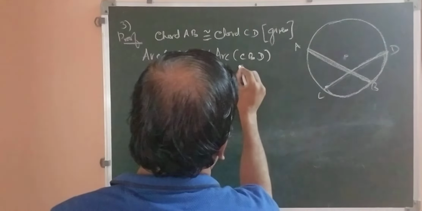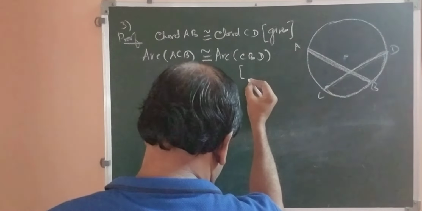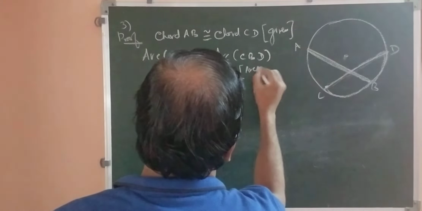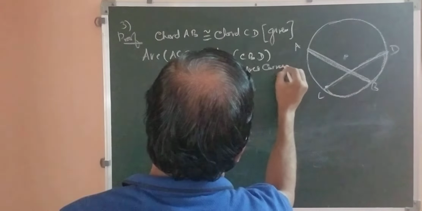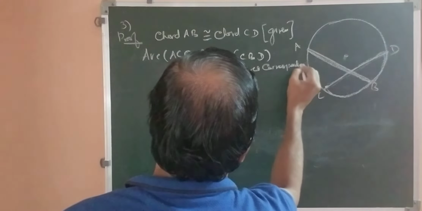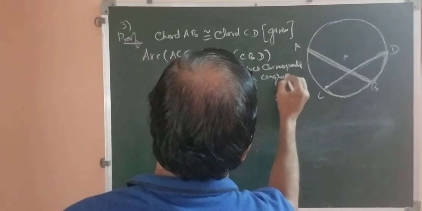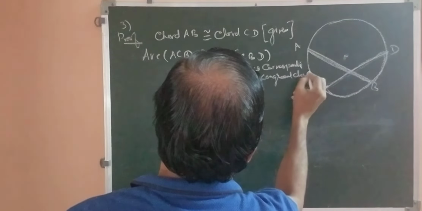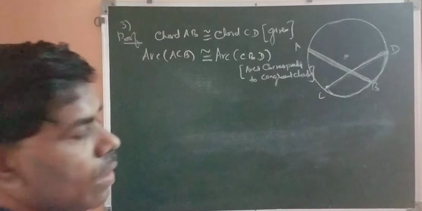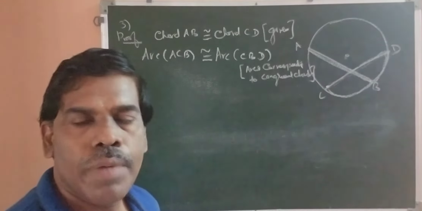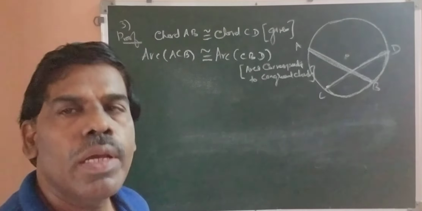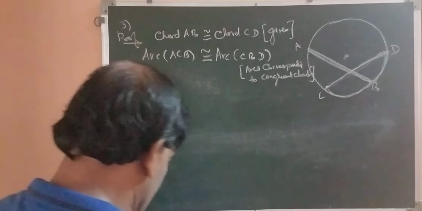Arcs corresponding to congruent chords. Okay. Congruent chords means what? Their arcs will also be congruent. That is why I have written like this.